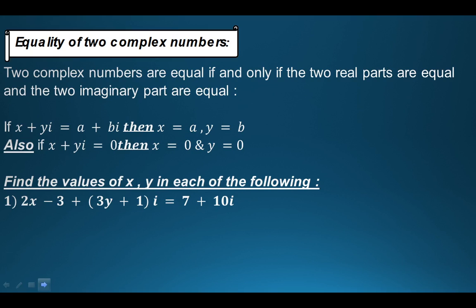In the first complex number, 2x minus 3 is the real part, and 3y plus 1 is the imaginary part. The imaginary part is the coefficient of i, and the real part is 2x minus 3.